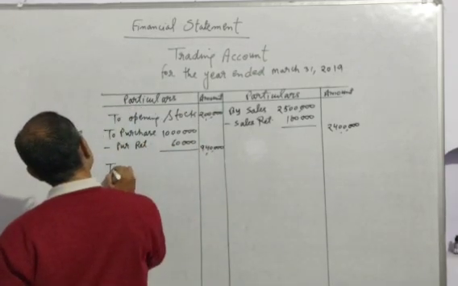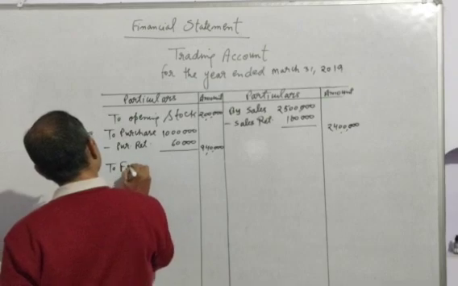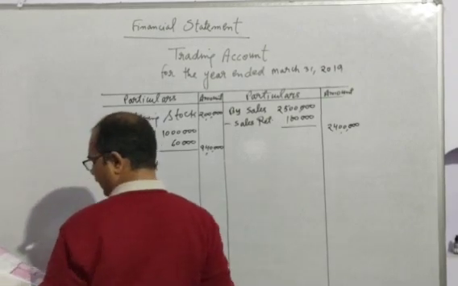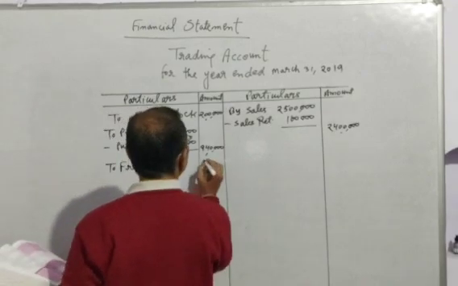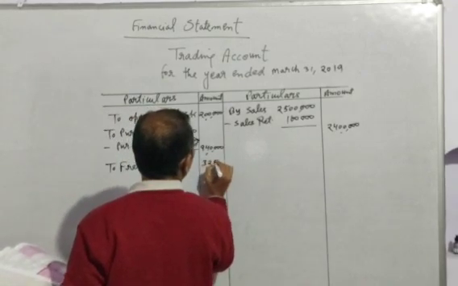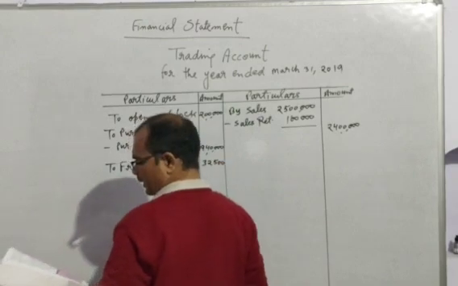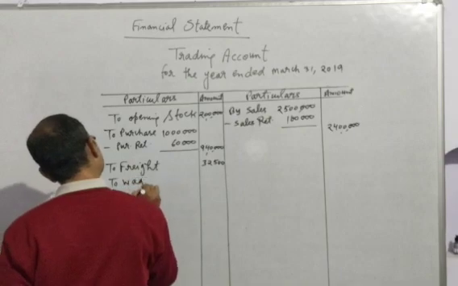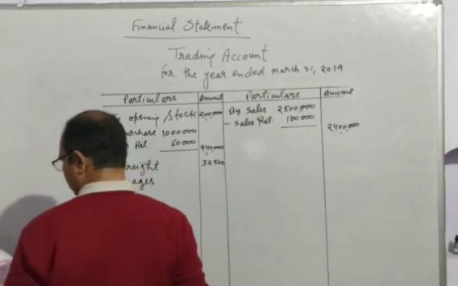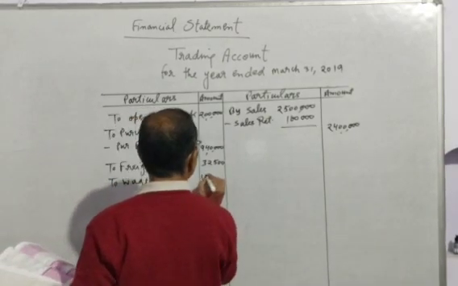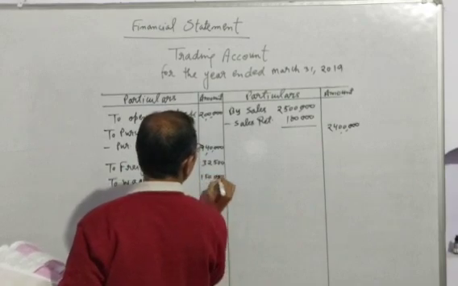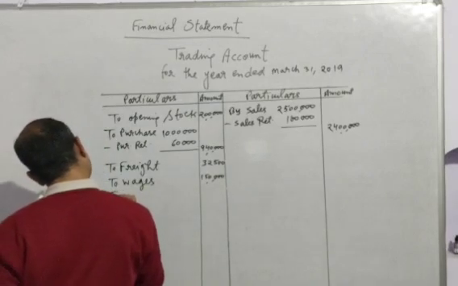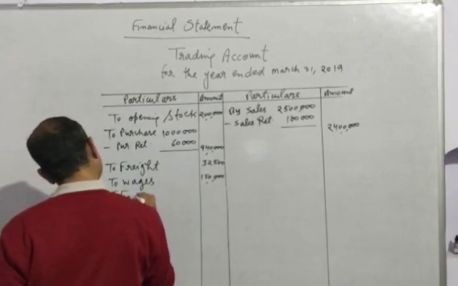The next item given in your question is freight. Freight is a direct expense and it will be written on the debit side of the trading account. So we are writing here freight 32,500, and the next expense given is wages. This is also a direct expense, so we will write here 1,50,000. And the next is factory lighting. All the expenses related to the factory will come in the trading account.